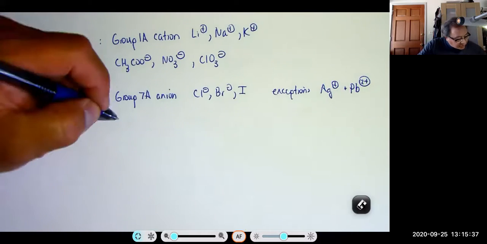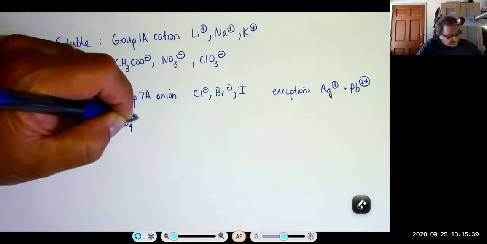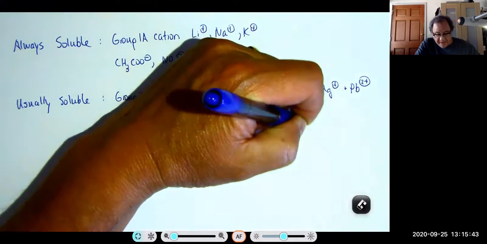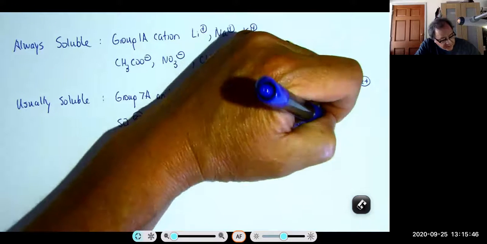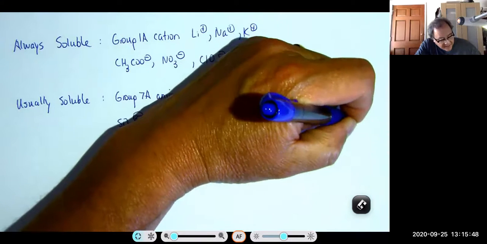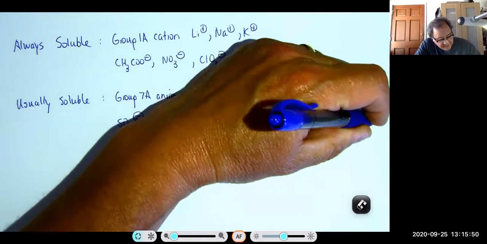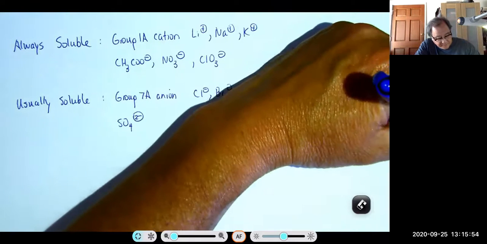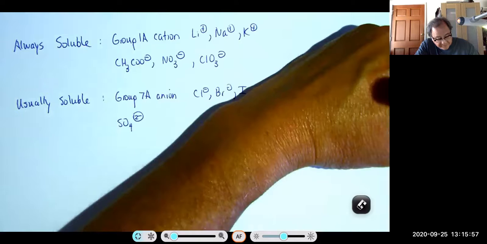Now, there's also sulfates, and their exceptions are basically group 2A cations like barium, strontium, calcium.